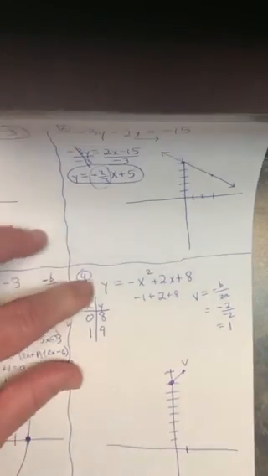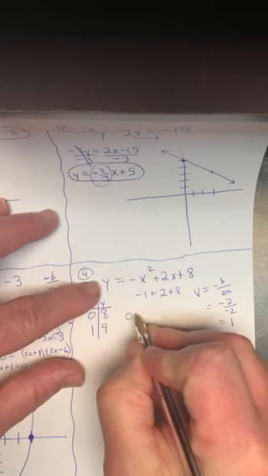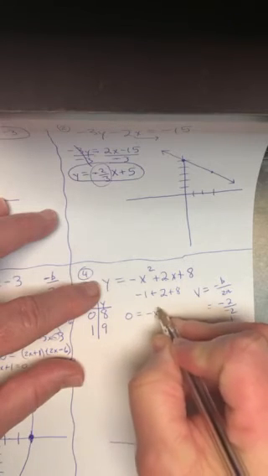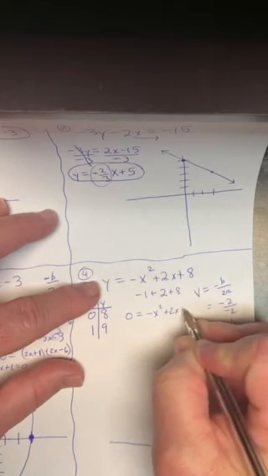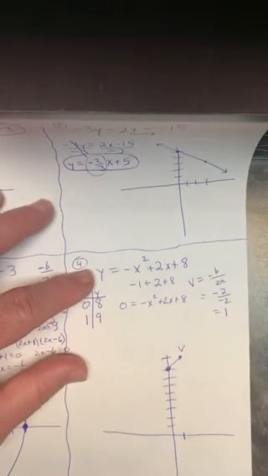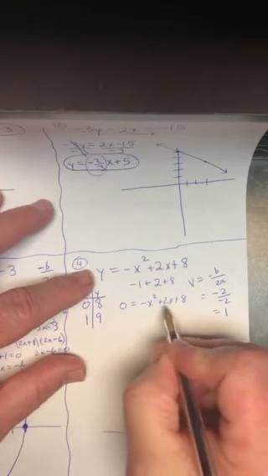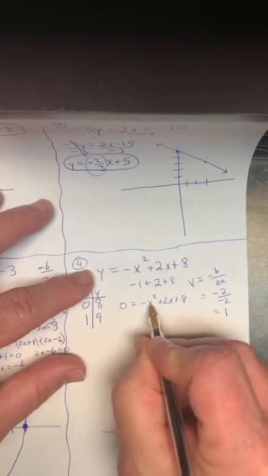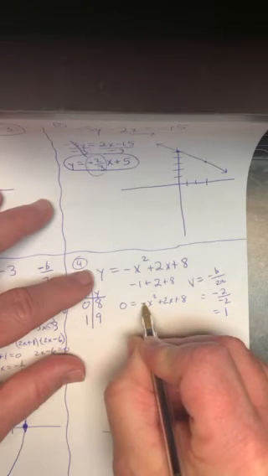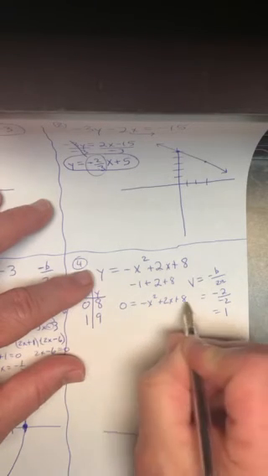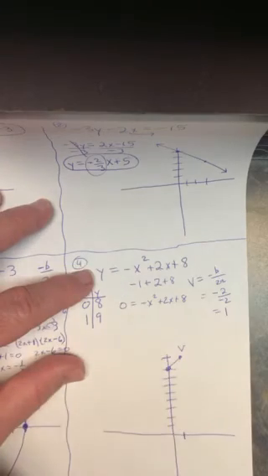Now careful, that gives me 0 equals negative x squared plus 2x plus 8, correct? Guys, you're not going to factor this because the leading term is a negative number, right? You don't factor a trinomial when the first term's negative.